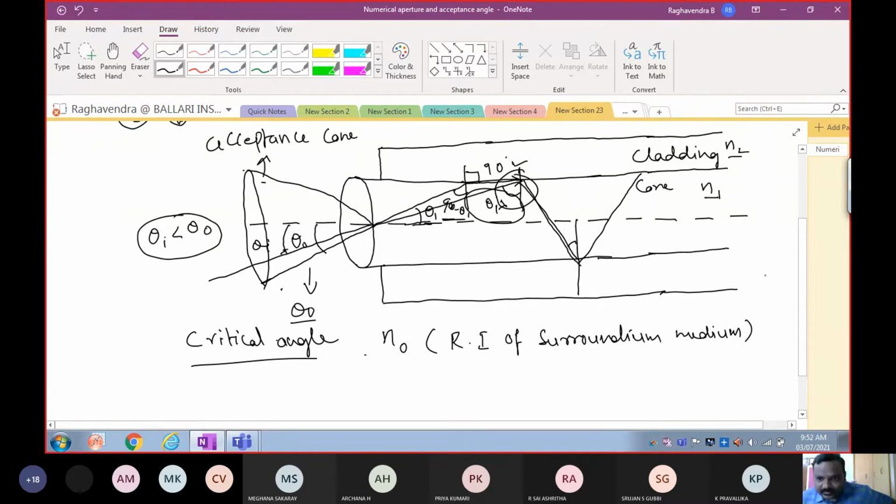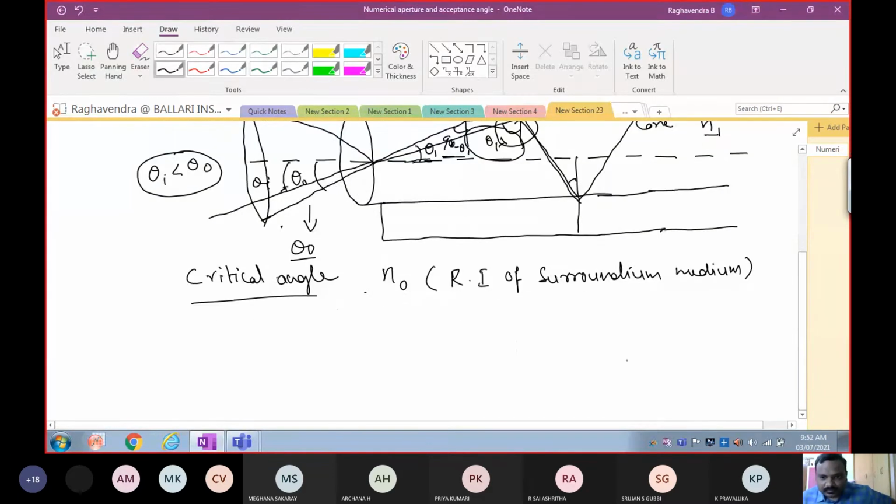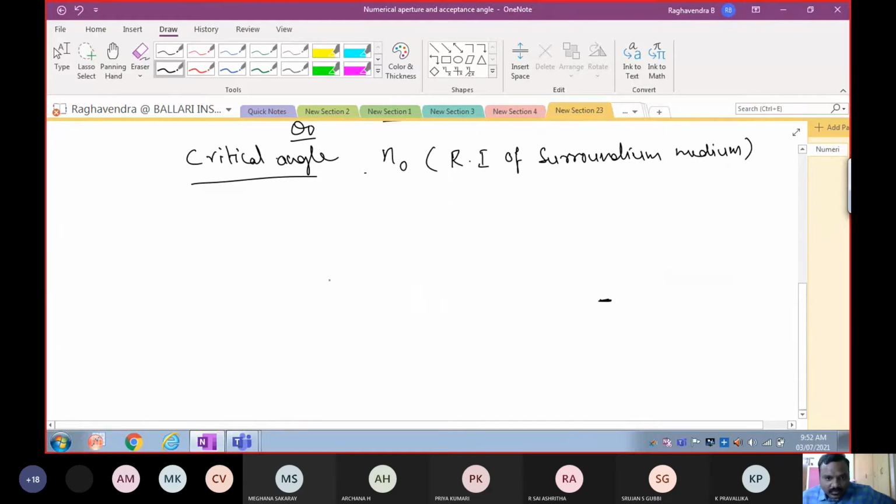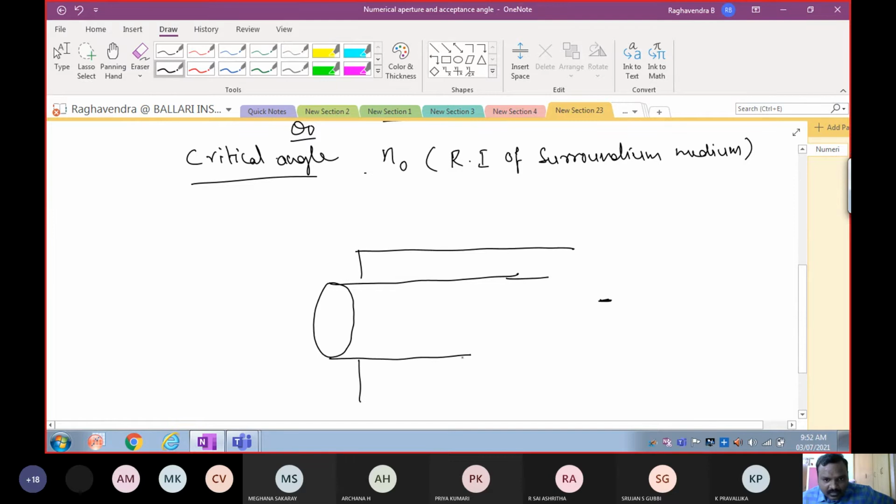Okay, you see here. Assume that this is the core, this is the cladding, and this is the axis.